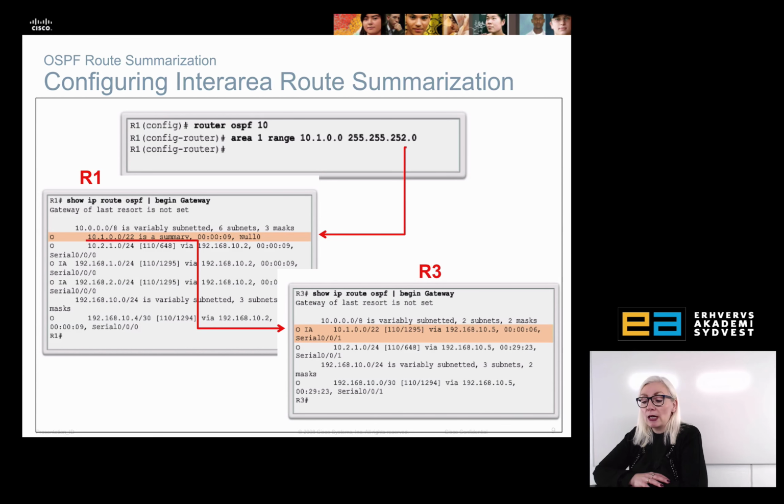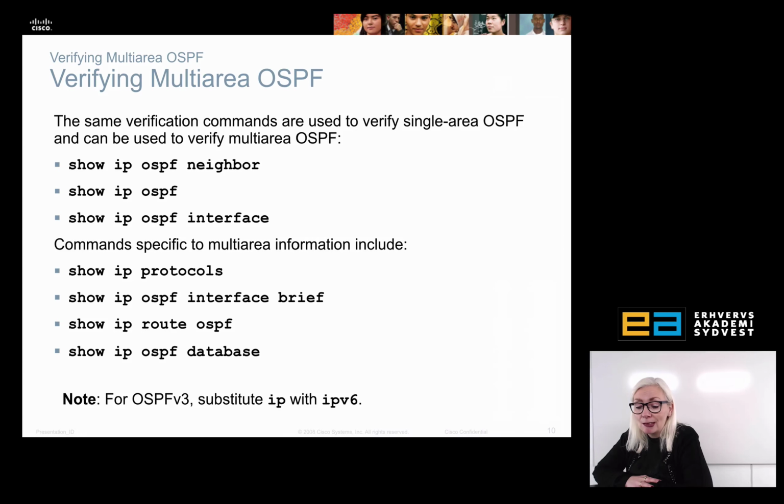To verify and to find out and troubleshoot if you have any problems with the OSPF, these are some of the commands that you can use. For instance, show ip ospf neighbors to see what neighbors that you are directly connected to. Show ip ospf, where you can see, for instance, on a multi-access network, where you have the DRs and the BDRs.